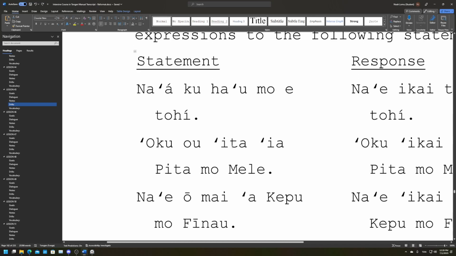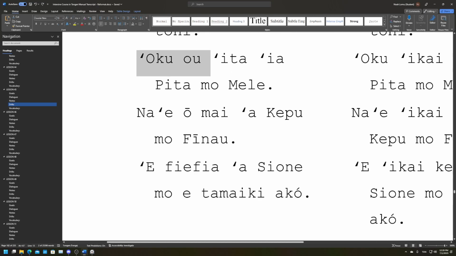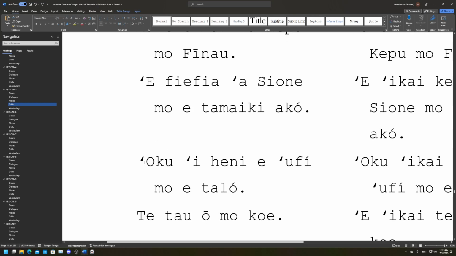It's only different for these two, where na'aku has to turn into na'e ikaiteu, right? So that's a little more complicated. And okuo turns into oku ikaiteu. But all of the ones we've done follow the other pattern where we just add ikaike.